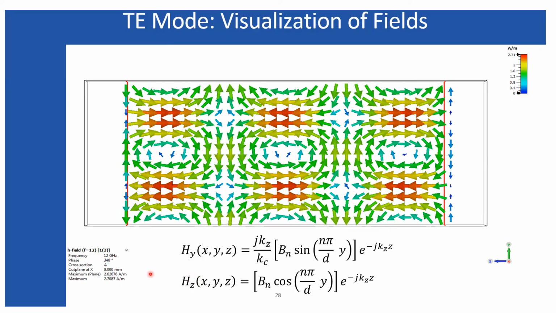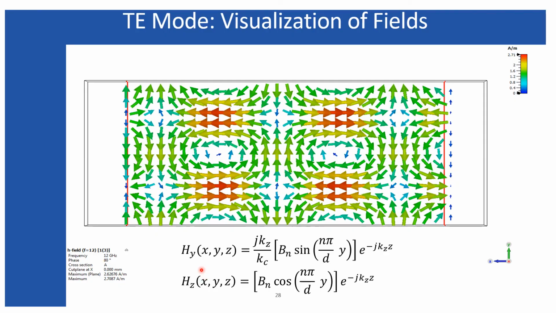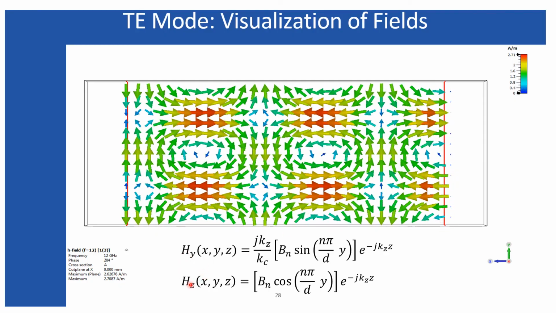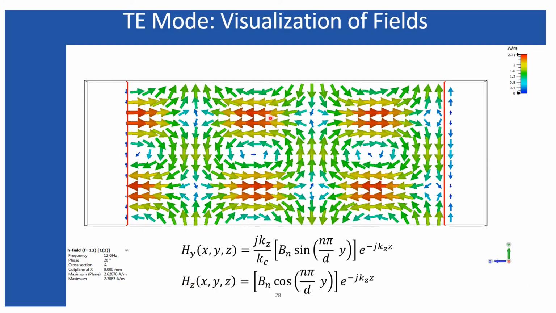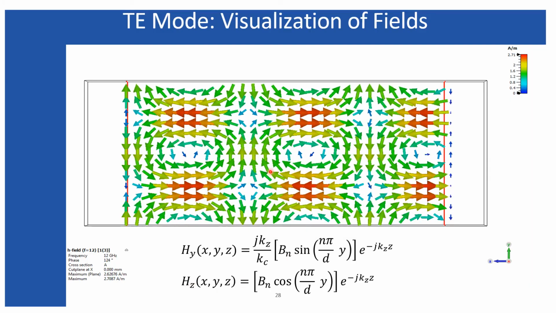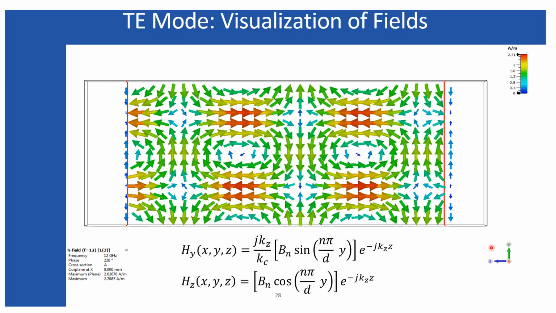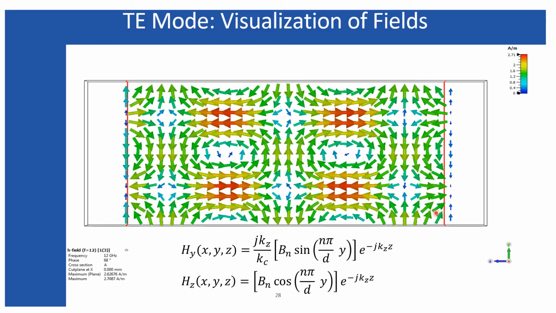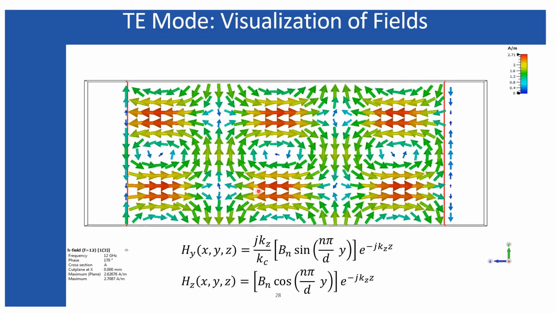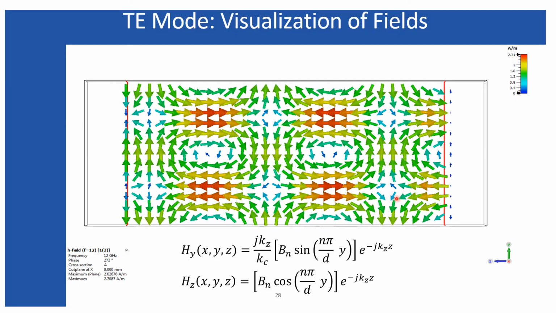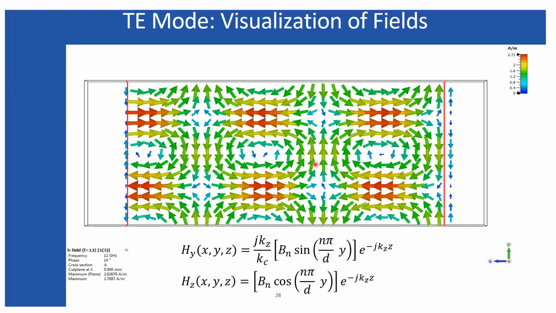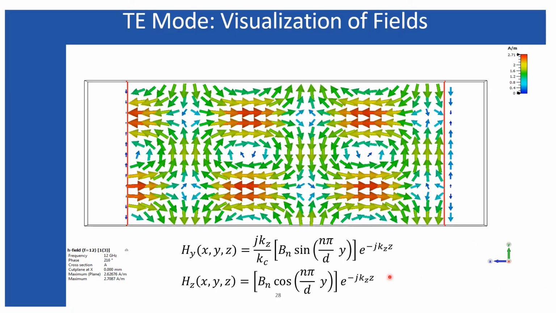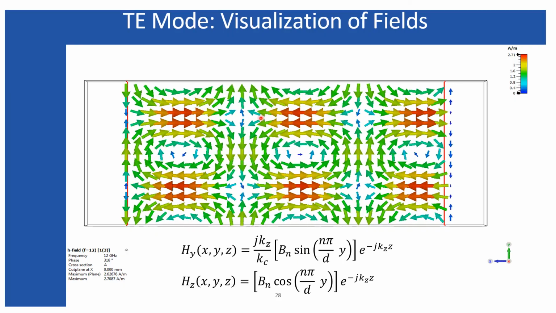If you take the curl of the total magnetic field, then also you will have that expression that defines that these two magnetic field components are rotating on a plane having a surface normal along the x direction. And from this gizmo over here, you can easily identify the upward direction is the y direction, this direction is the longitudinal direction, and this plane has a surface normal along the x direction, and the magnetic field is rotating along that.